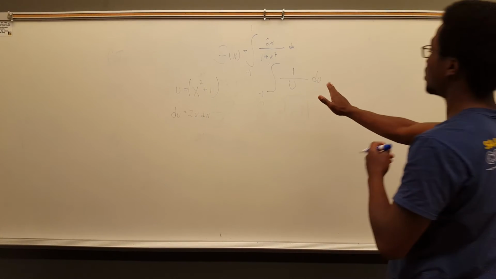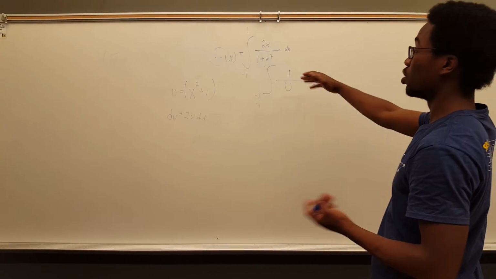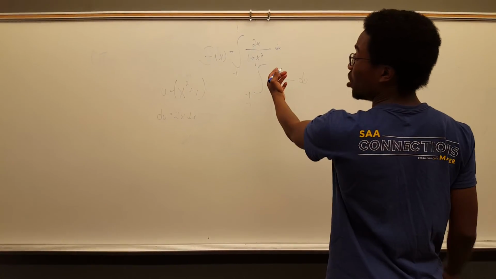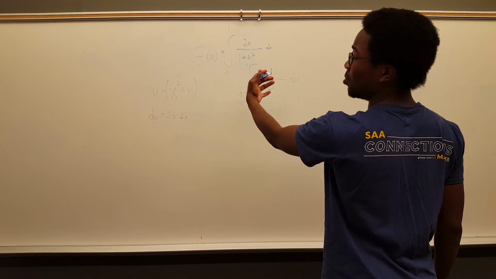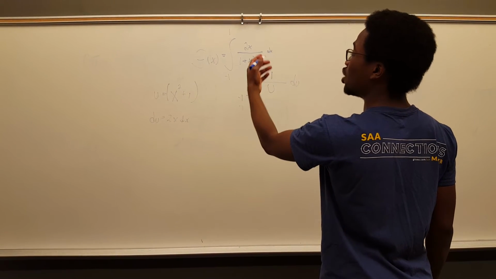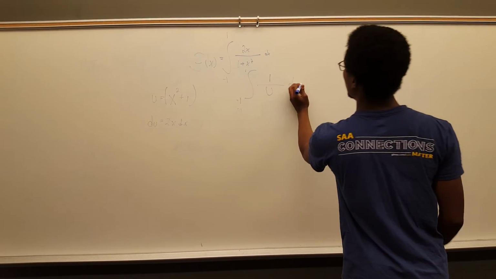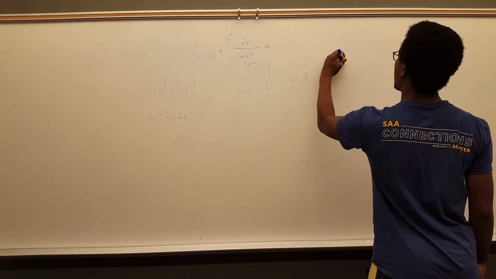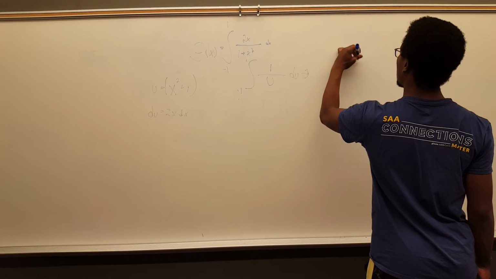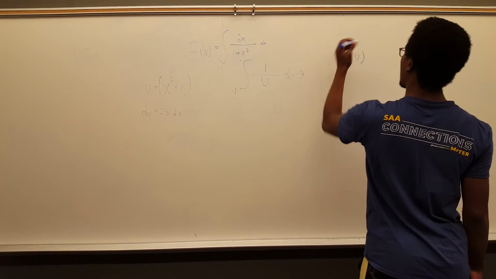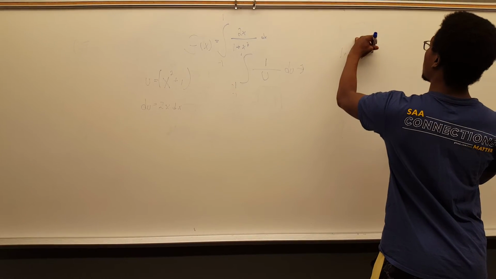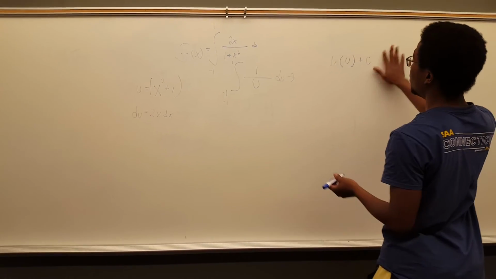So once we've done this substitution, we go ahead and we solve the integral as we would normally. The integral of 1 over anything is going to become the natural logarithm of that value right there. So we try to solve this integral, and we get the natural logarithm of u plus c. But we don't need this plus c, however, because we have a definite integration.